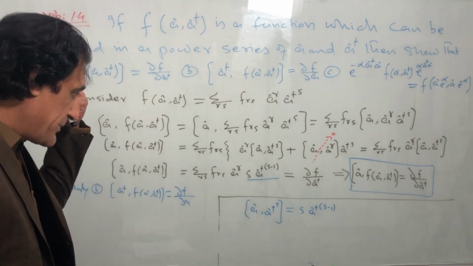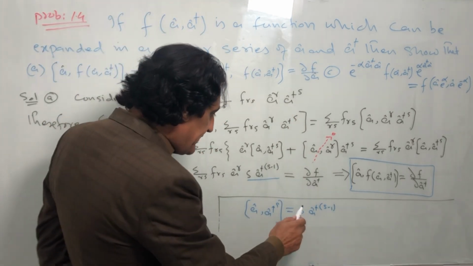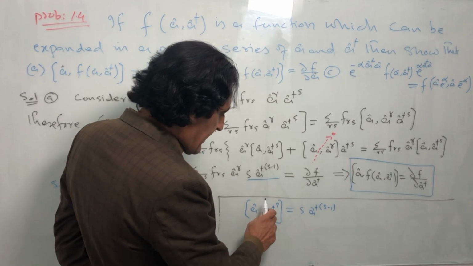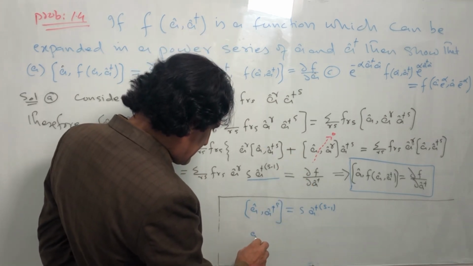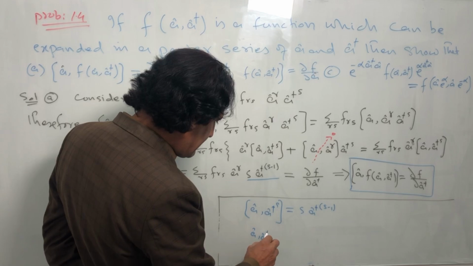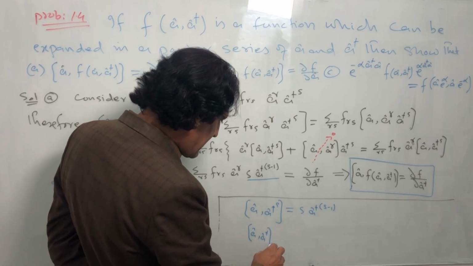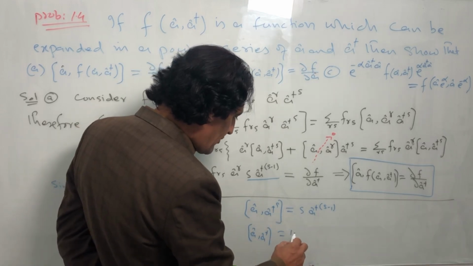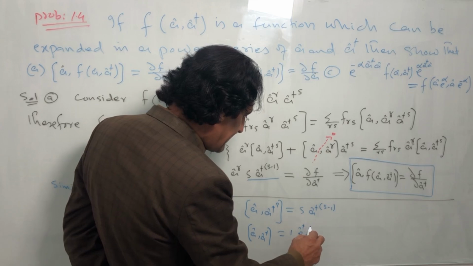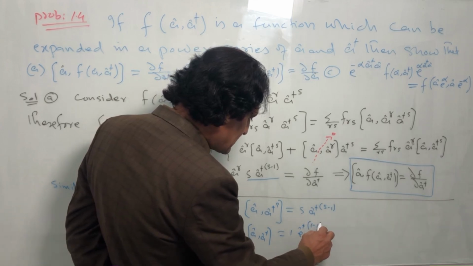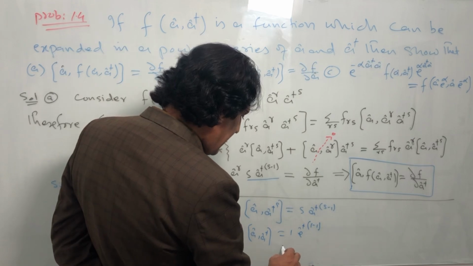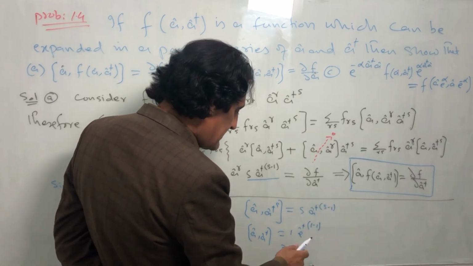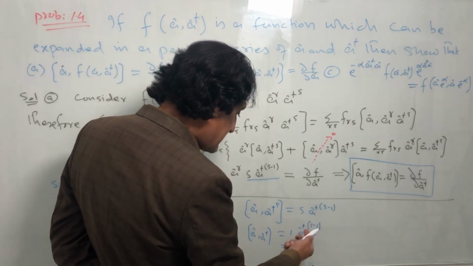This is true because if we consider S equal to 1, then a dagger to the S is a dagger, and S is equal to 1 here, and a dagger to the 1 minus 1 means the power is equal to 0, and anything which has power 0 is equal to 1.